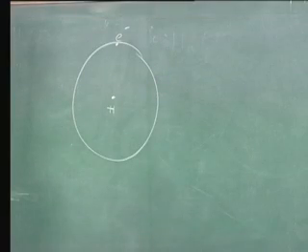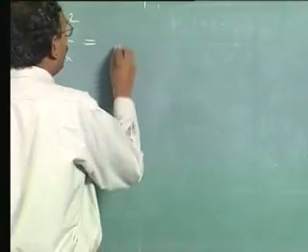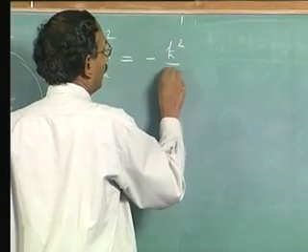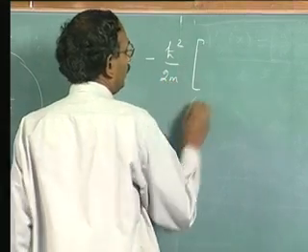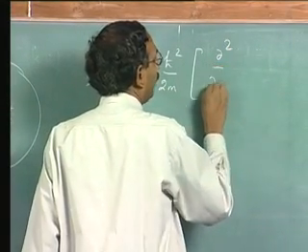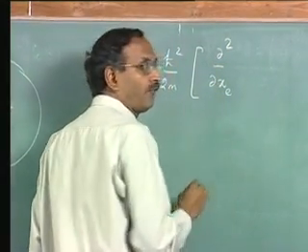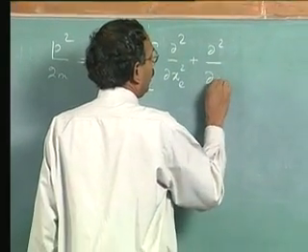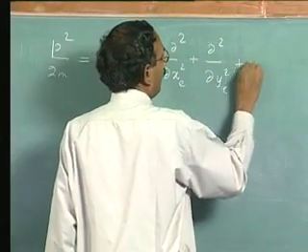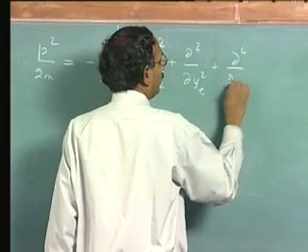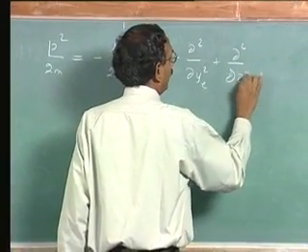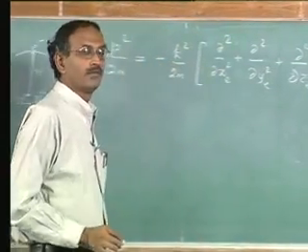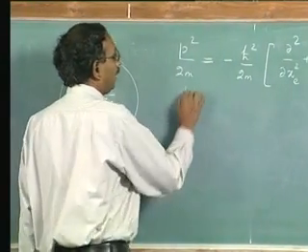P square by 2m is now written as minus h bar square by 2m times the partial derivatives, dou square by dou x_e square, plus dou square by dou y_e square, plus dou square by dou z_e square. This is the kinetic energy.